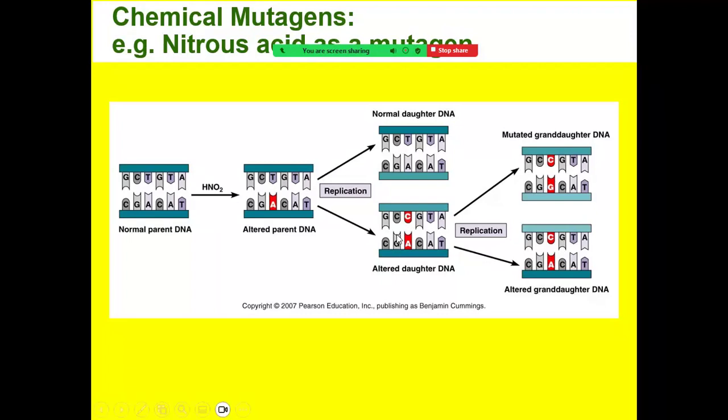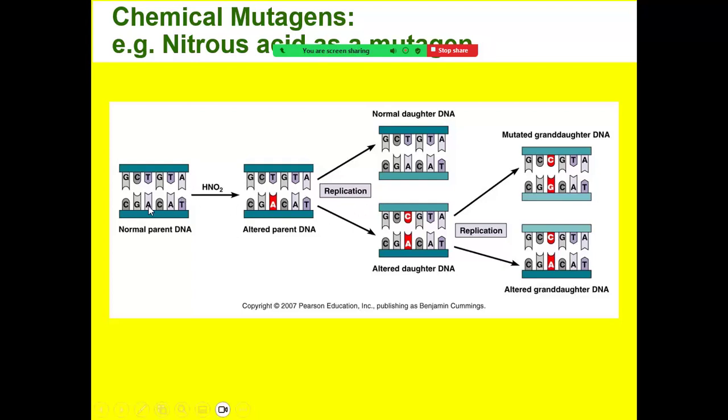The trouble is this A is the original DNA, and if the cell finds that this is not pairing correctly, it usually will pull out this C and then read this and just put the C right back in again, because it doesn't read that as an A, it reads that as a G. So this is hard to correct. Any question about any of this? Anyways, that's how nitrous acid works as a mutagen.